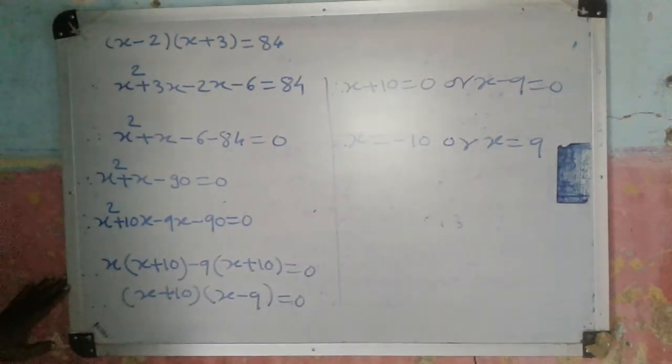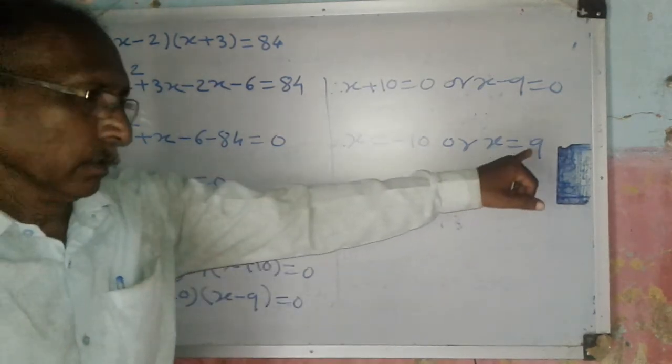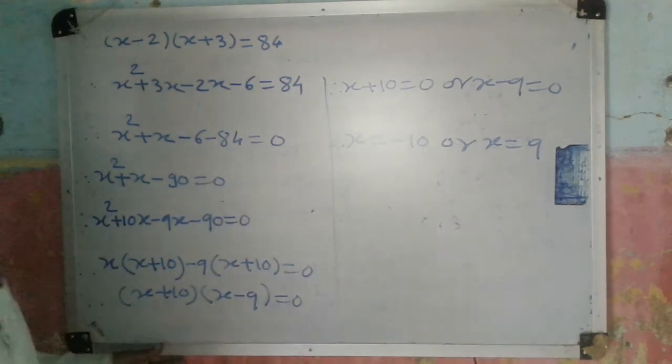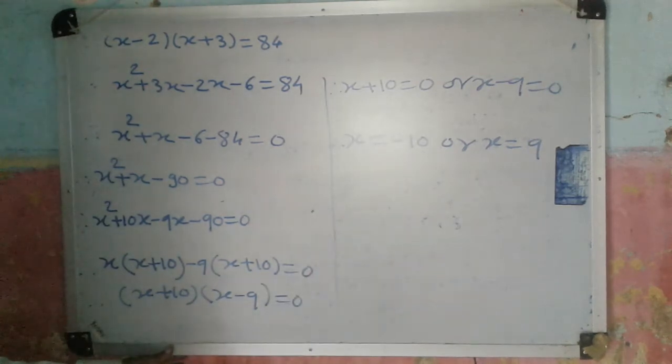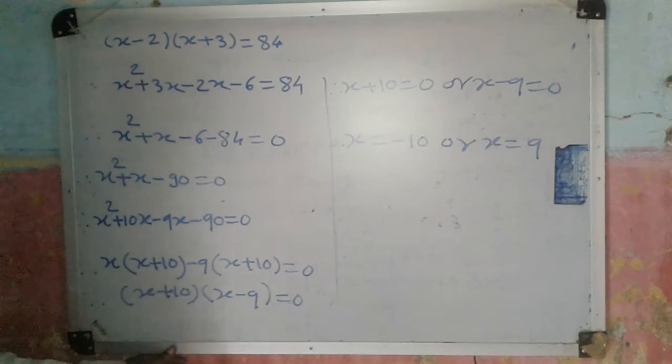Now here we got two values of x, minus 10 and 9. But we know that age is never negative. That is why x is equal to minus 10 is rejected.